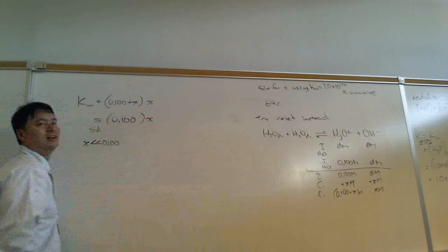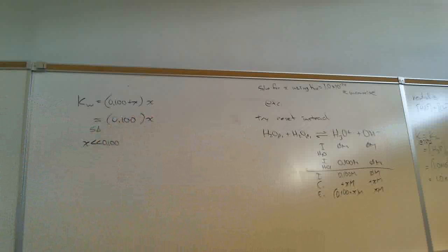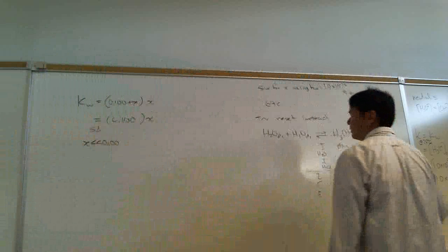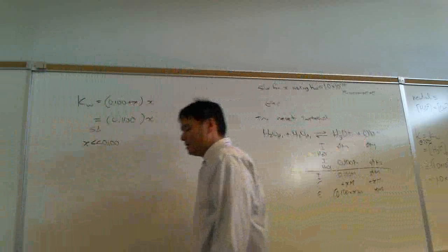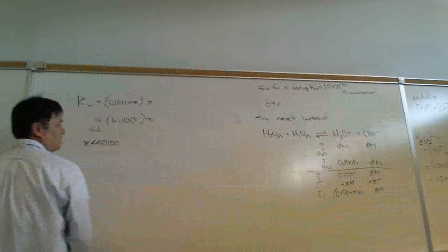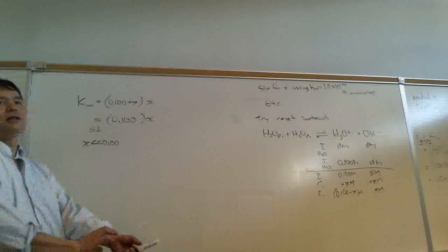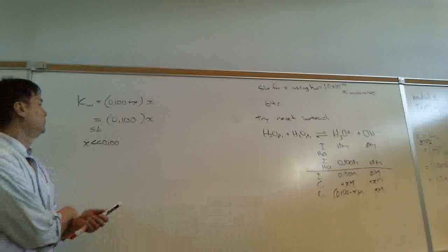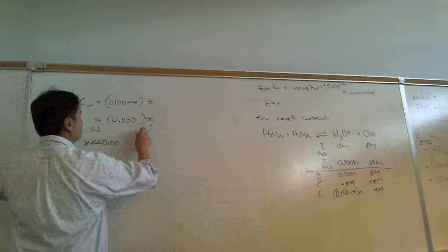Do you see how much time you save? I mean, if you had to do the quadratic equation by hand, you just saved yourself a lot of time. If you don't have to do the quadratic equation by hand, then maybe it's not that much time saved. But let's see how well it works in this case, because I think it's going to work great in this case. I really do.